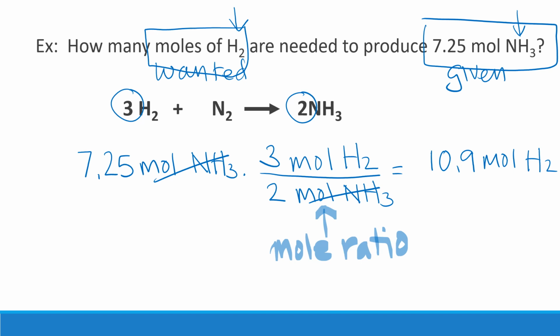They're actually equivalent to each other. In this case, they're different substances, so they can't be perfectly equivalent, but they are related through the balanced equation, and so we describe them as stoichiometrically equivalent amounts. Stoichiometrically equivalent.